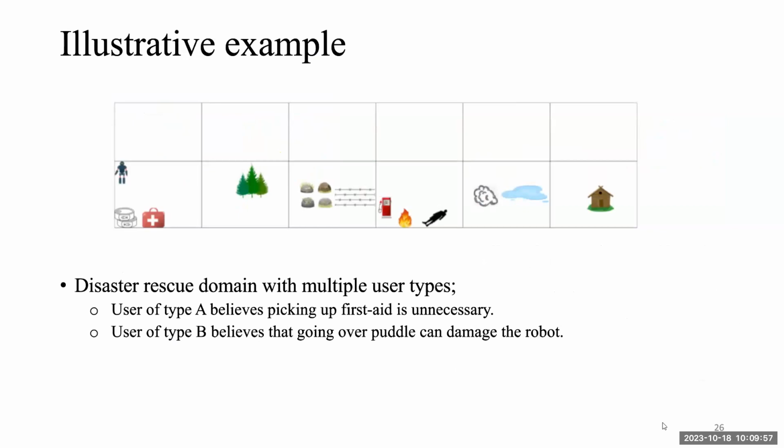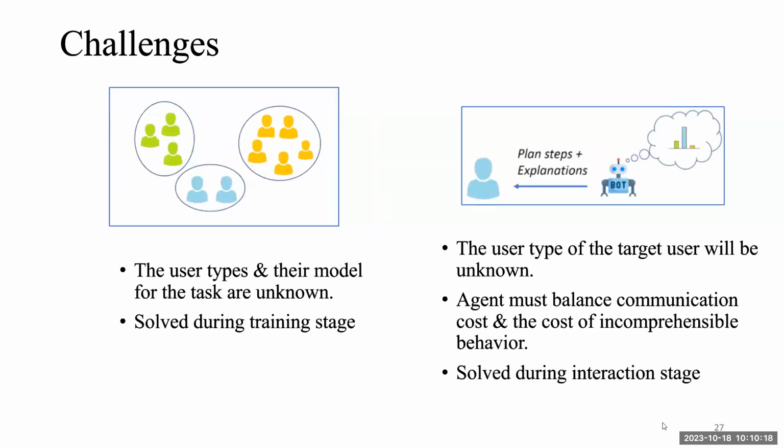So you haven't begun with the target user interaction. You're just in a training stage where you're trying to see what are the kinds of users that can exist for the task. Once you have a sense of that, then the actual interaction with the actual user will begin, and that is sort of like test time, right? That is part B of the system. And then you have ways in which you can infer that user's type and personalize it.